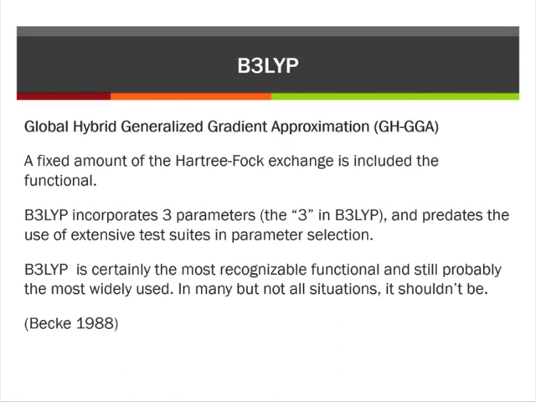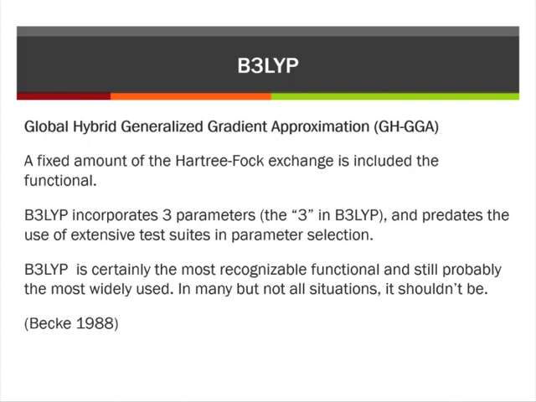If I look at these, I'm going to list, I think, 8 functionals, just to intimidate you a little bit. The most commonly used one still, and it shouldn't be, is called B3LYP. It is what is called a global hybrid generalized gradient approximation.